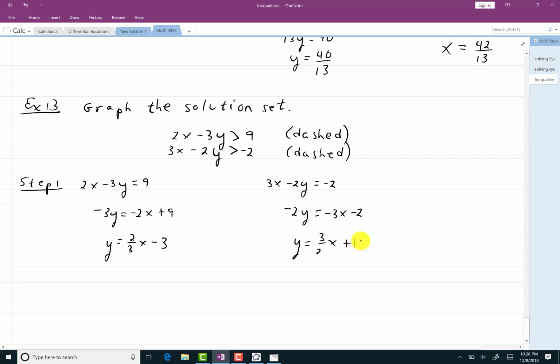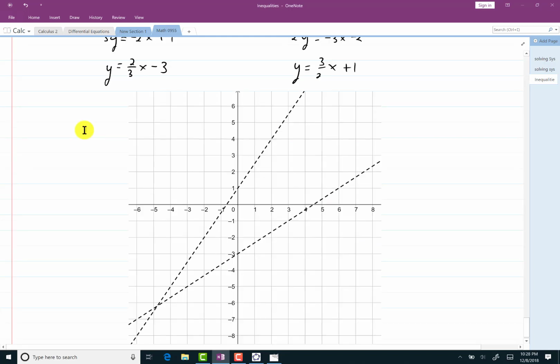And now let me go ahead and graph both of those lines on the same graph. So here are my two graphs. They're both dashed, as you can see. Right here, you can see the y-intercept of 0, 1. That's this line right here. So y equals 3 halves x plus 1 is that line there, and the other one is 2/3 x minus 3. And you can see it has a y-intercept of negative 3. And you can check the slopes and all that kind of stuff. Let's shade.